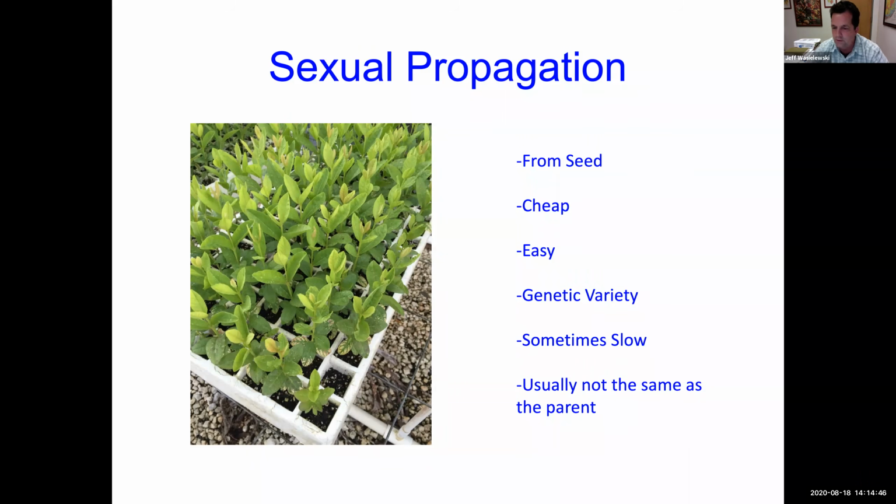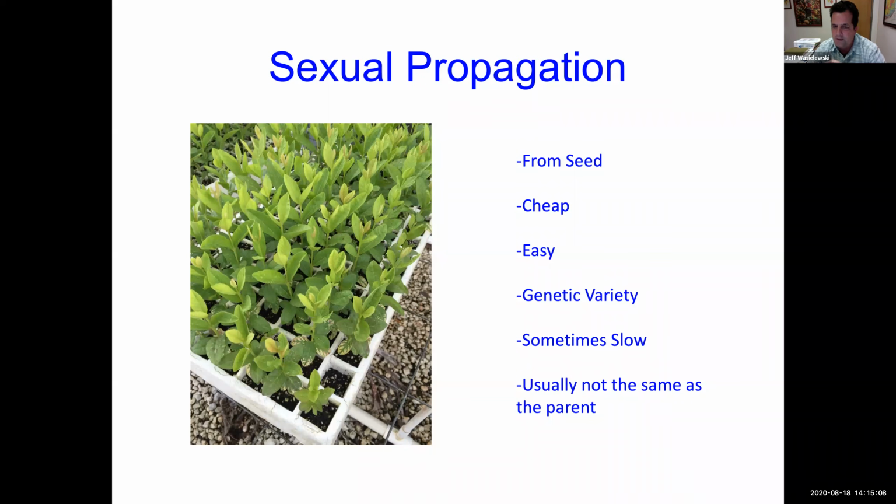Asexual propagation is much, much quicker. And just like genetic variety, seed offspring are usually not the same as the parent. Sometimes they are what's called true to seed, where you're going to propagate things like papayas and annonas, typically by seeds, because they're very close to the parent.